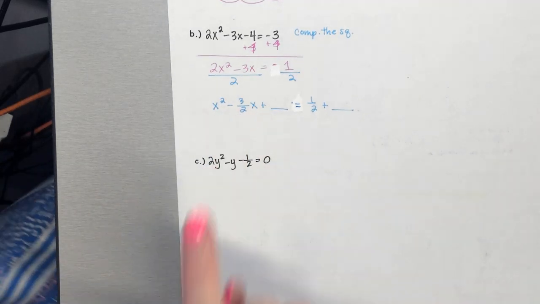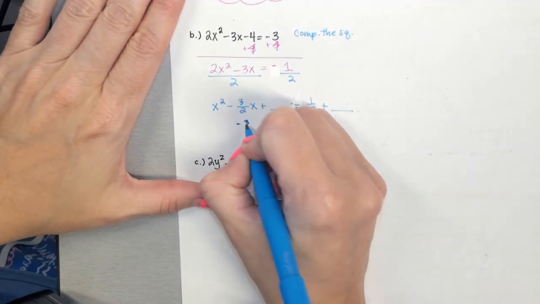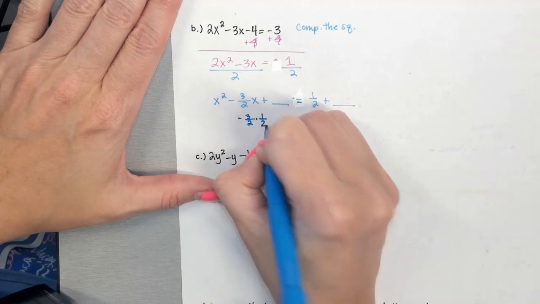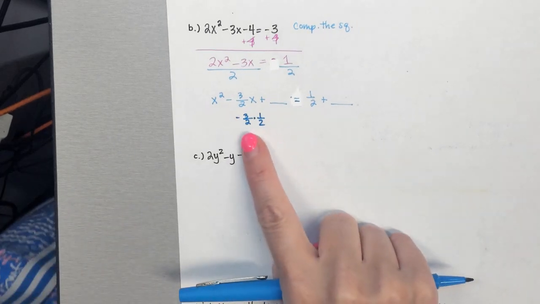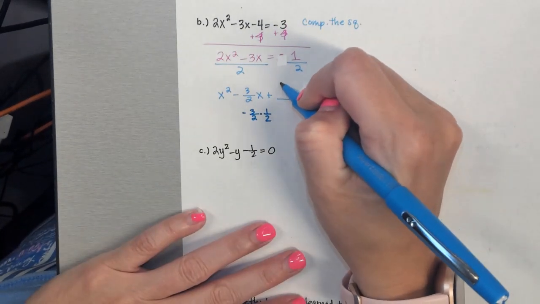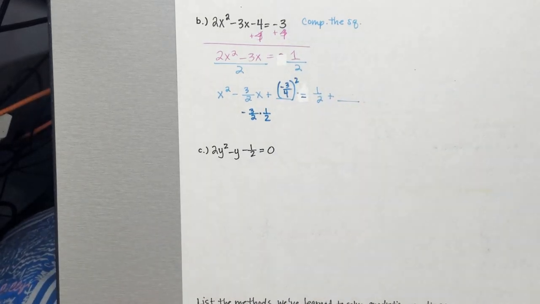If you're cutting a fraction in half, it's a lot easier to take that and instead of dividing by 2, multiply by a half. So don't be intimidated by a fraction here. All we have to do is multiply by 1/2, and then we would get -3/4, and then we're squaring that.